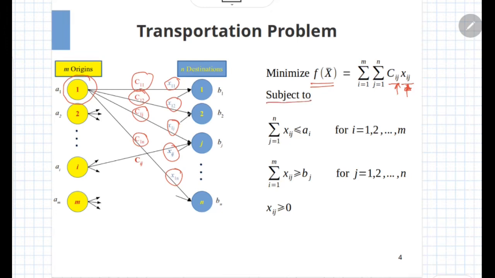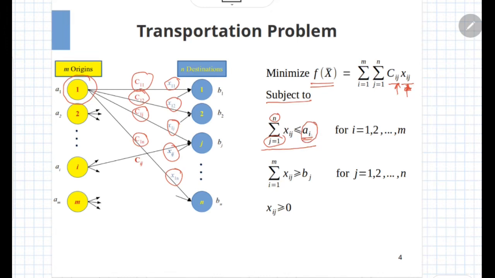There are constraints on this particular problem in the linear programming terminology. The first constraint is that the summation of Xij, j running from 1 to n, that is from ith origin, whenever you are transporting a product to different destinations, the total quantity which is available should be higher than what is supplied.